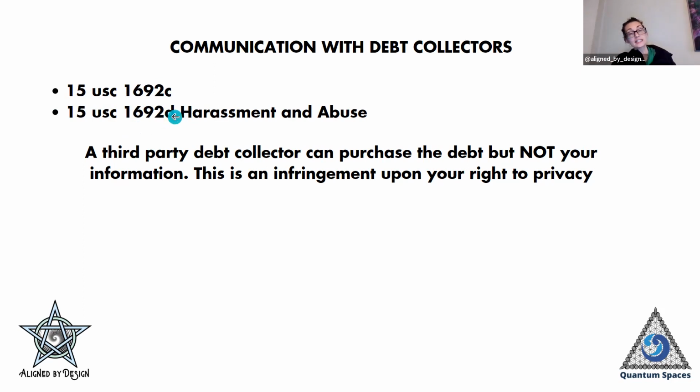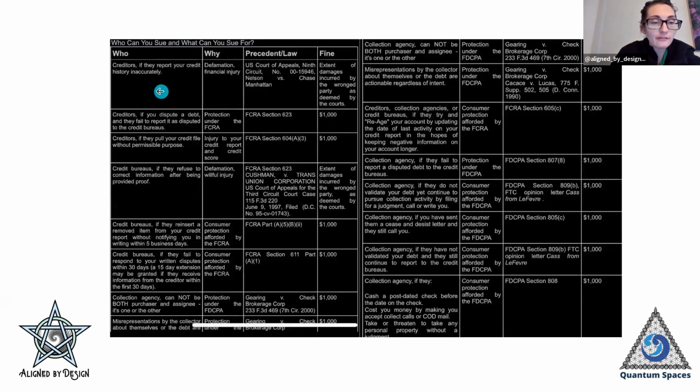In 15 USC 1692d, harassment and abuse, you get to decide what that is. They can't contact you in work hours. We're going to go over a couple of them right here. So creditors, if they report your credit history inaccurately, this is defamation, financial injury. This is the precedent or the law. And then these are the extent of damages incurred by the wronged party as deemed by the courts.